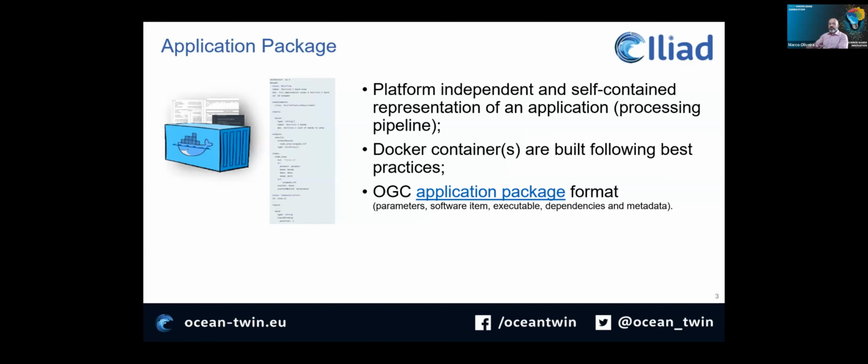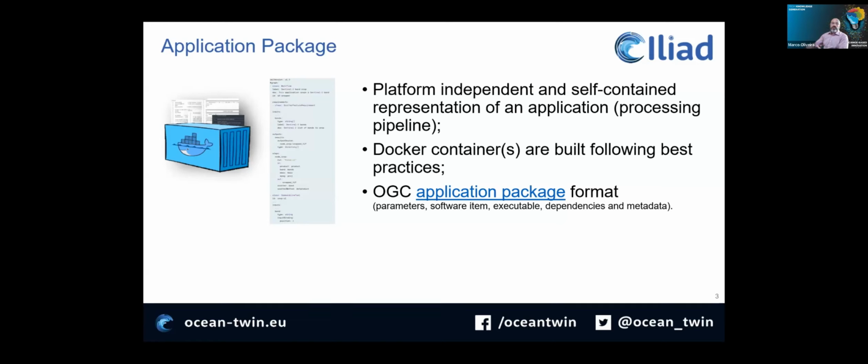This is using the application package format of OGC, that is a Common Workflow Language implementation. It also requires those software items to be containerized in one or multiple containers, as we will show afterwards in an example application.